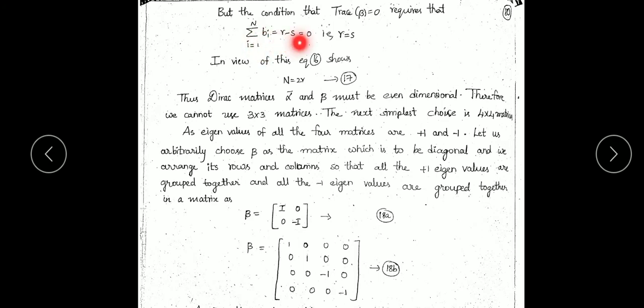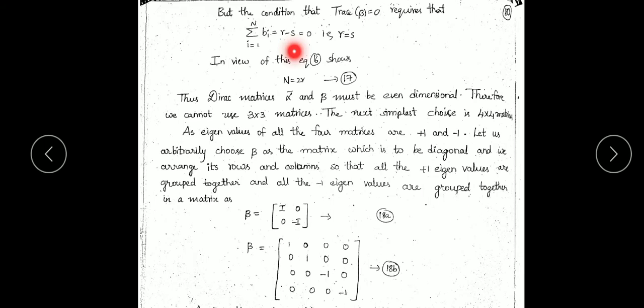bi equals 0. And we already know that as r of the bi's are 1, so r into 1, that is 1 plus 1 plus 1 r times, and the rest of them are minus 1s, that is minus 1 plus minus 1 plus minus 1 s times. So adding all these, r into 1 plus s into minus 1 is nothing but r minus s equals 0.